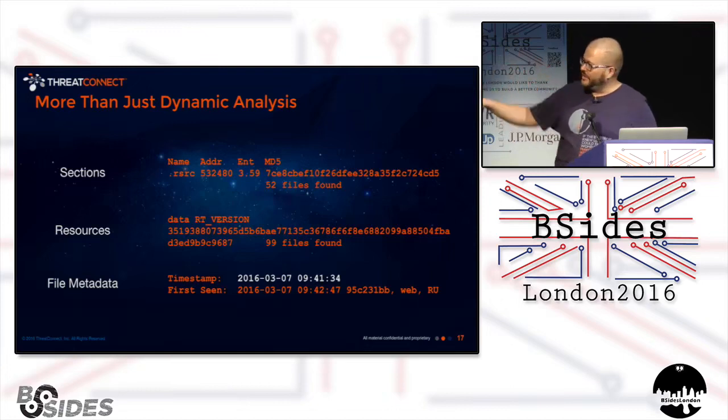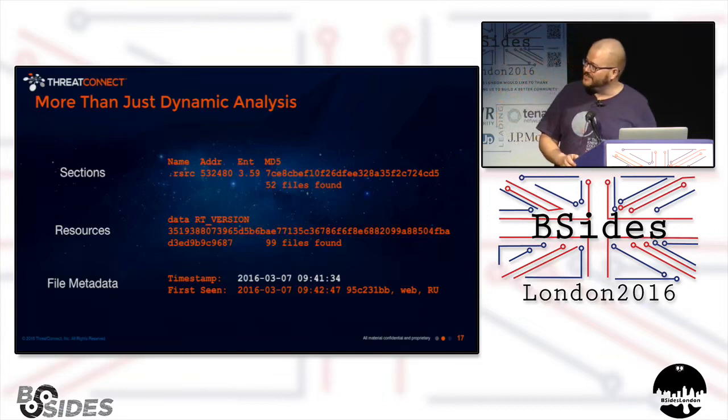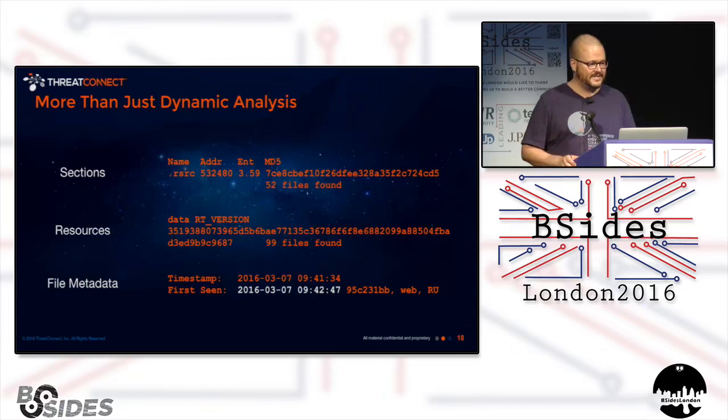And so what you can do is if they didn't adjust this, if they have their clock set correctly, you can then compare this to the time that it was submitted to VirusTotal or submitted to Malware or submitted to whatever public sandbox or place that you've got that's collecting the data. And so as you can see, this was compiled and linked at 9:41 and 34 seconds, and then it was submitted to VirusTotal at 9:42 and 47 seconds.